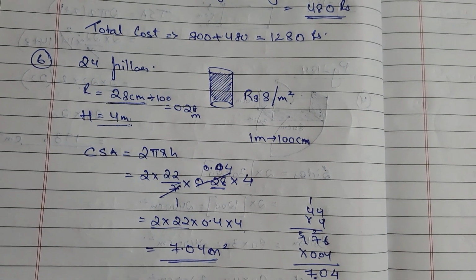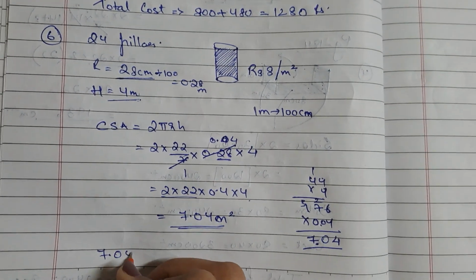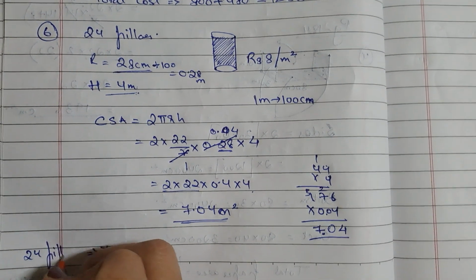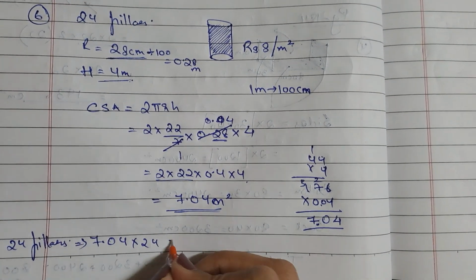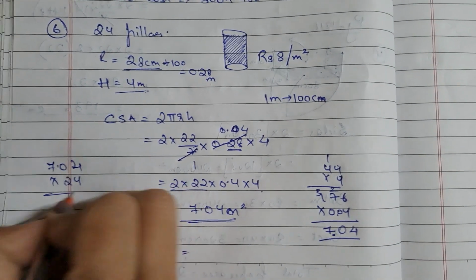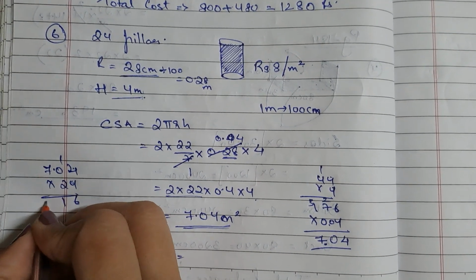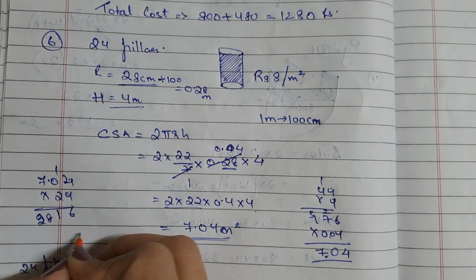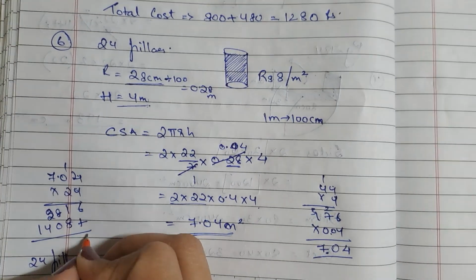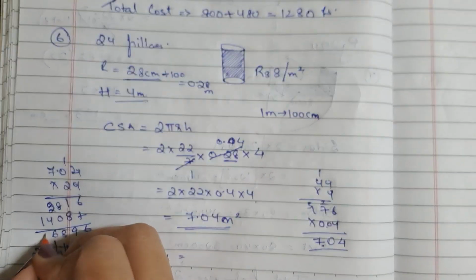Now, how many pillars are there? There are 24 pillars. So 7.04 into 24 for the 24 pillars. Let's do this. 7.04 times 24. 4 fours are 16, 4 ones are 1, it will become, and this is the 28. Sorry, 28 plus 8, 0, 14, 698, 661.